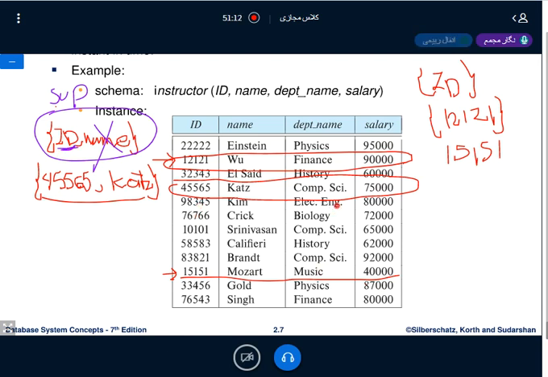Then ID and name is not a candidate key, because I can omit the name and with just the ID I can find the unique value.